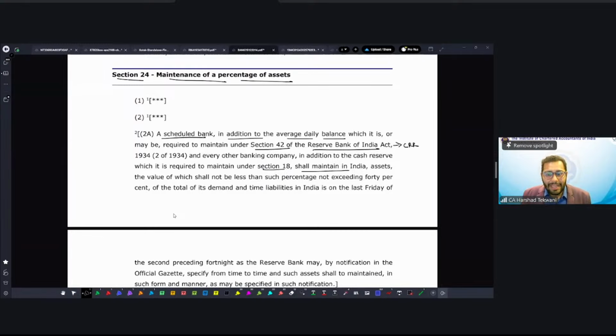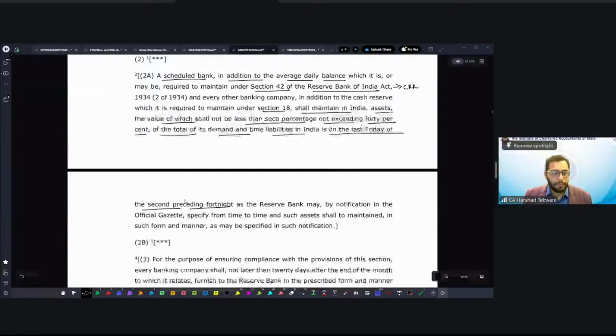Shall maintain in India assets, the value of which shall not be less than such percentage as is specified, not exceeding 40% of the total of its demand and time liabilities in India on the last Friday of the second preceding fortnight. Means whatever percentage is specified will be less than 40, because the Act provides the upper limit.